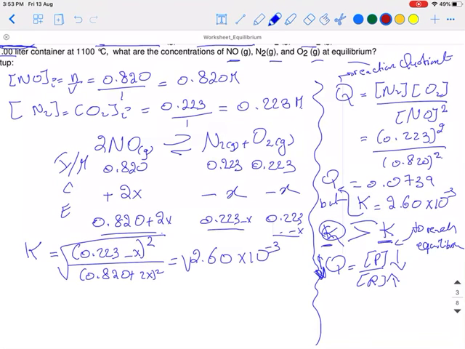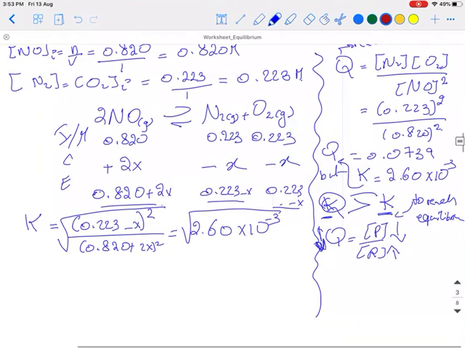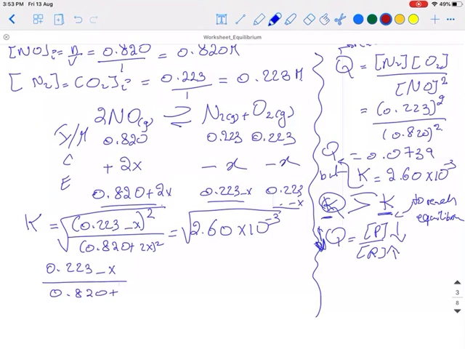Now to solve for x, I take the square root of both sides, so 0.223 minus x over 0.820 plus 2x equals, because it is a square root, in reality plus or minus 0.051.